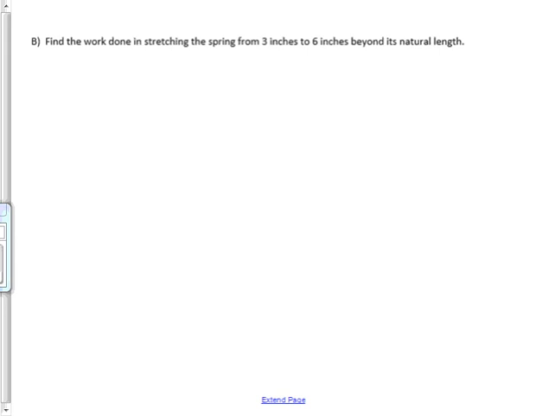Second example goes with that first one: find the work done in stretching the spring from 3 inches to 6 inches beyond its natural length. I have the same thing to integrate, but since I'm going from 3 beyond to 6 beyond, I'll have this integral, and I still keep that 5/3 X dx.